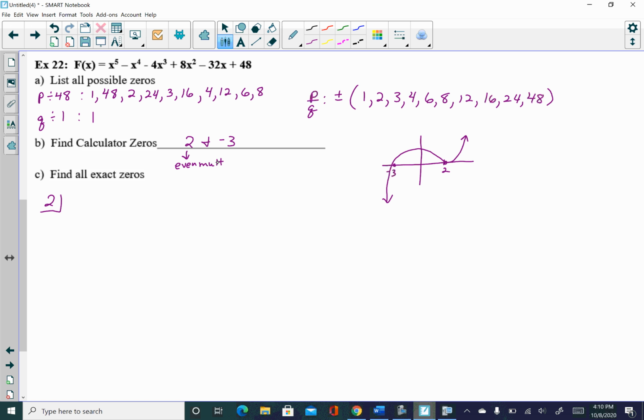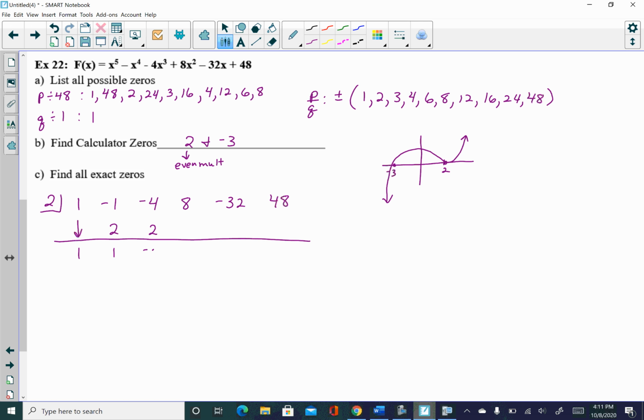So we put in our 2 and line up our coefficients. It is all in descending order, so 1, -1, -4, 8, -32, 48. Bring that first term down, which is 1. 2 times 1 is 2. 2 minus 1, 1. 2 times 1 is 2.